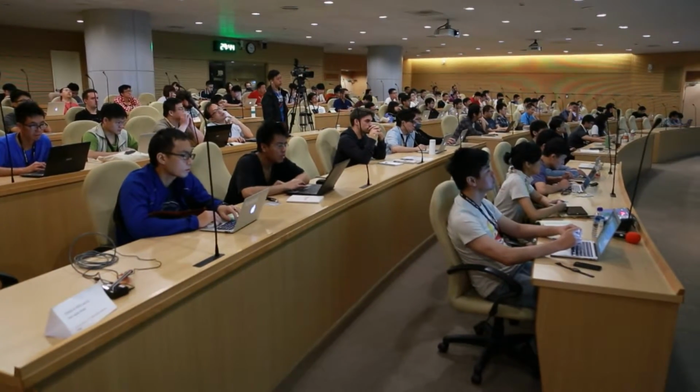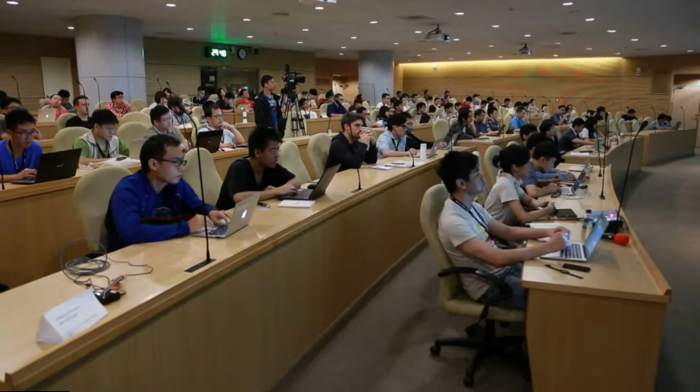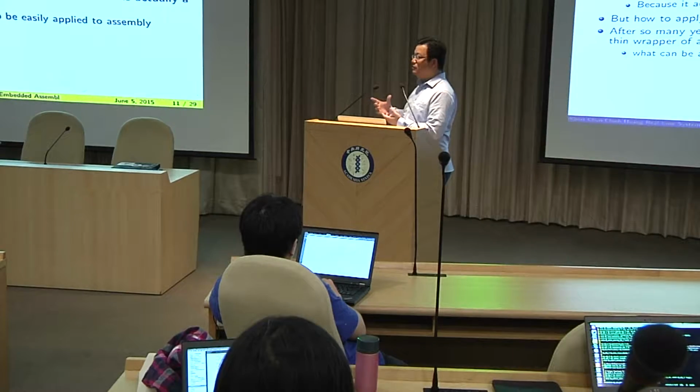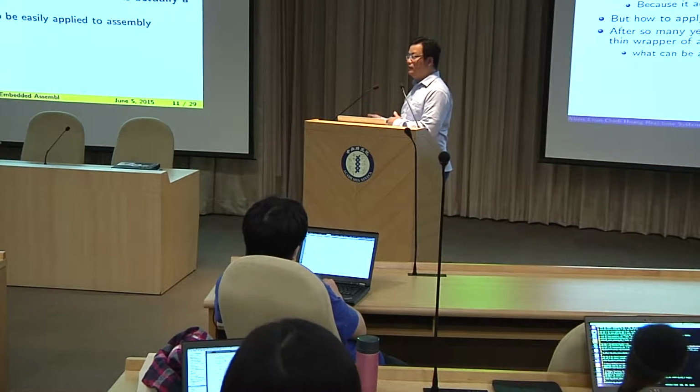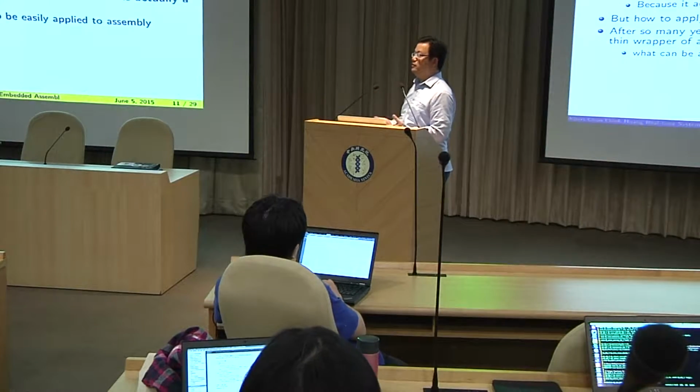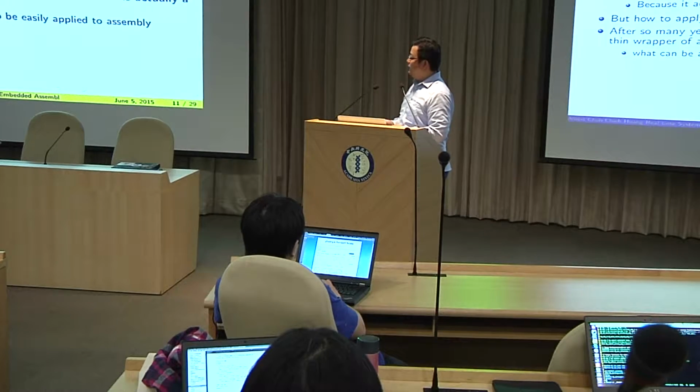It means that when we write assembly, we actually know how C pointers and C function pointers are implemented. So what you can apply to C can also easily apply to assembly.